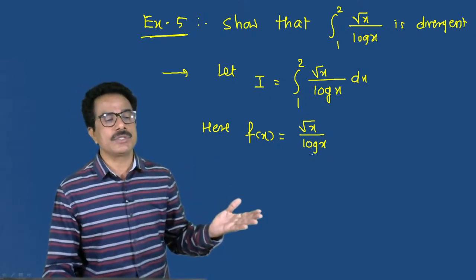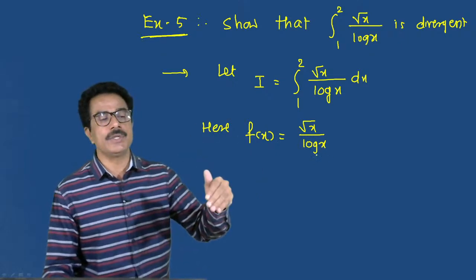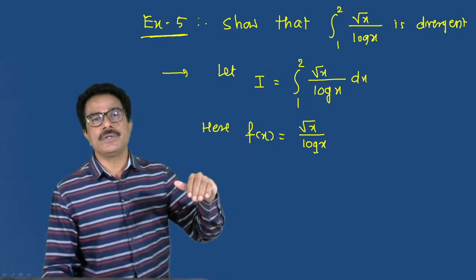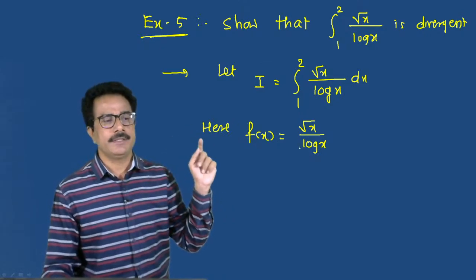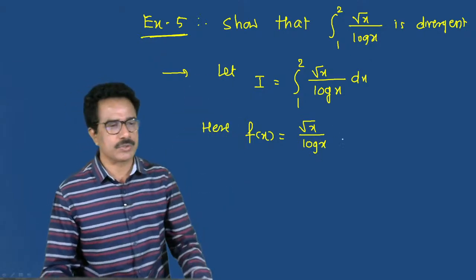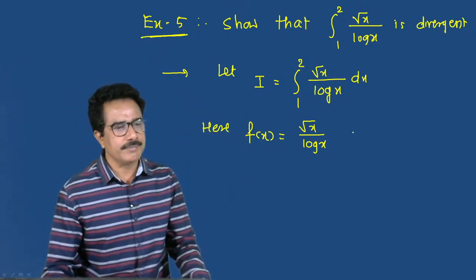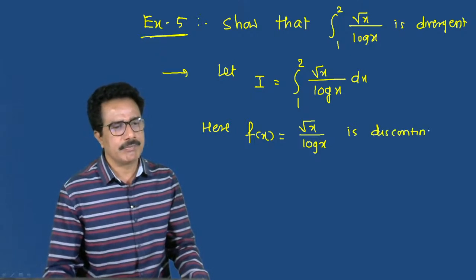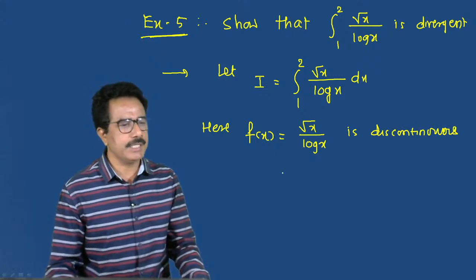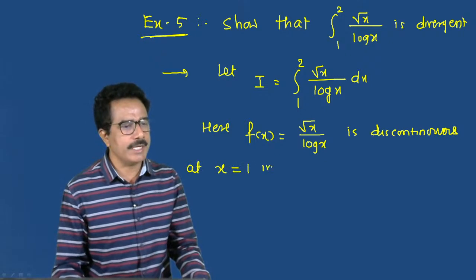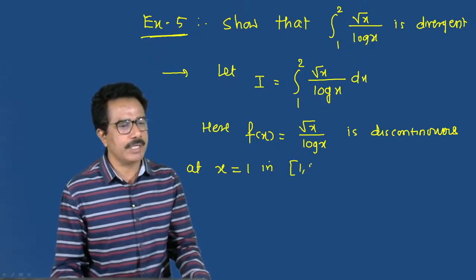And root x divided by 0 means infinity. So the given function is discontinuous at x equal to 1 in the closed interval 1 comma 2.